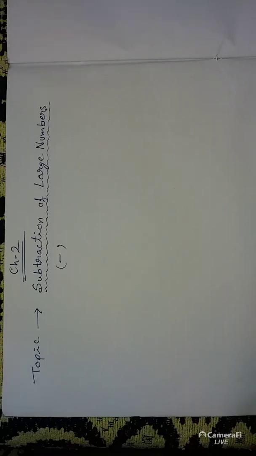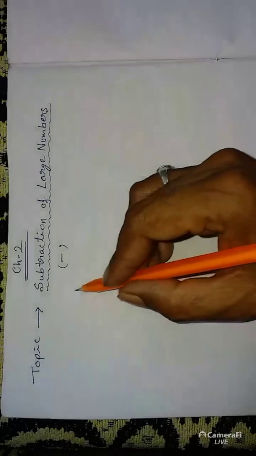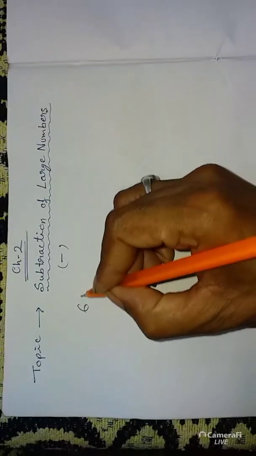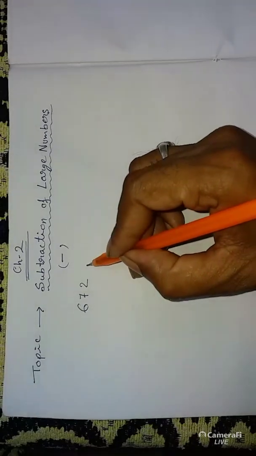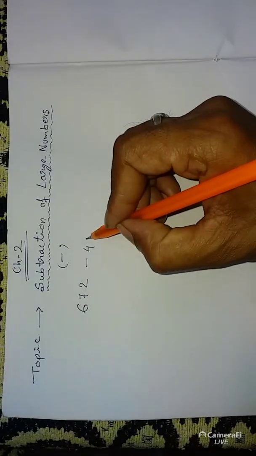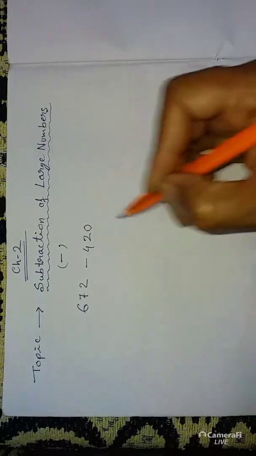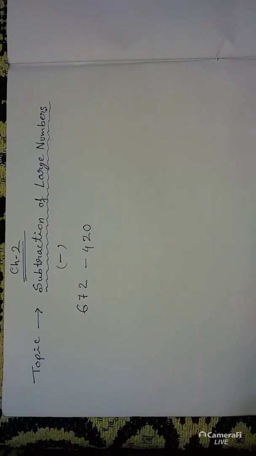Now for subtraction you have to keep in mind that whenever we are subtracting, we will subtract the smaller number from a larger number. For example, suppose 672, from this number we have to subtract 420, this number 420.